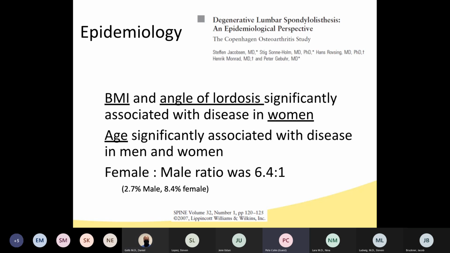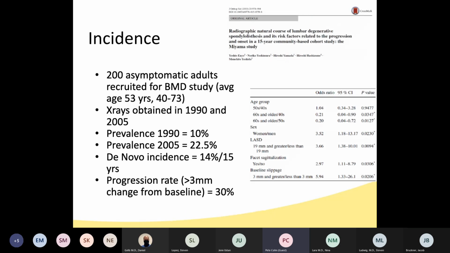They determined that in women, body mass index and the angle of lordosis were significantly associated with it. Of course, we're talking about degenerative spondylolisthesis, so you would think that age would have something to do with it, but they also found a pretty strong correlation, or a higher incidence, in females than males.